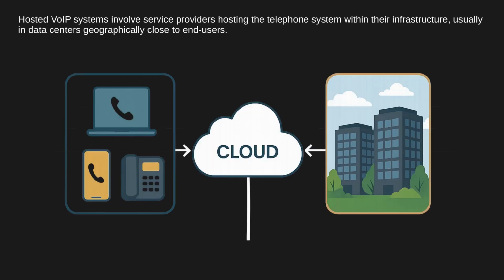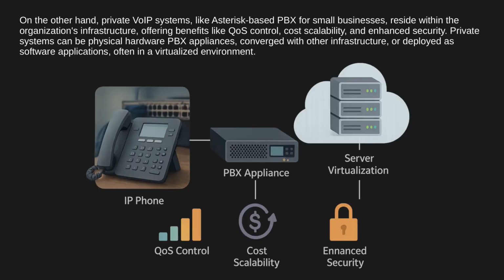Hosted VoIP systems involve service providers hosting the telephone system within their infrastructure, usually in data centers geographically close to end users. On the other hand, private VoIP systems, like Asterisk-based PBX for small businesses, reside within the organization's infrastructure, offering benefits like QoS control, cost scalability, and enhanced security.